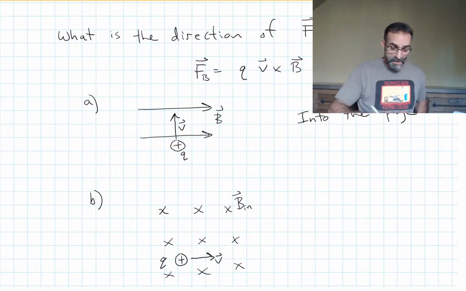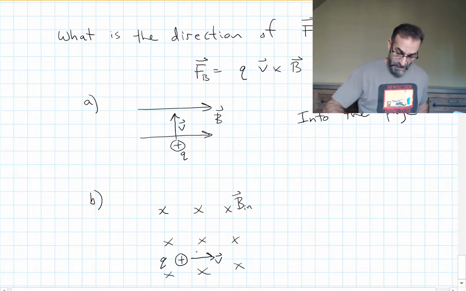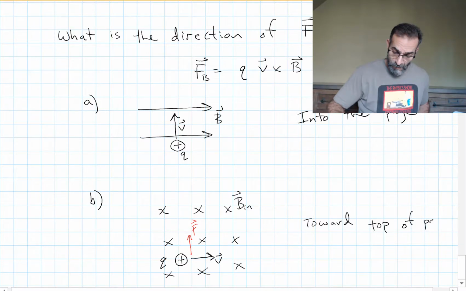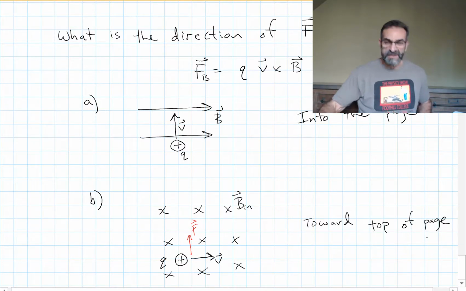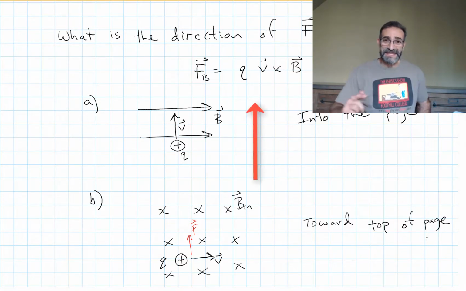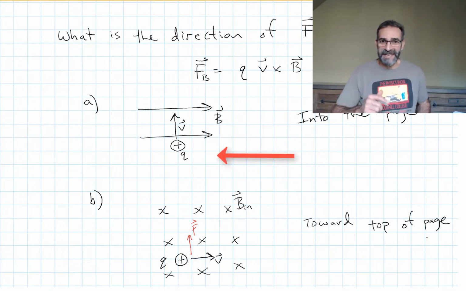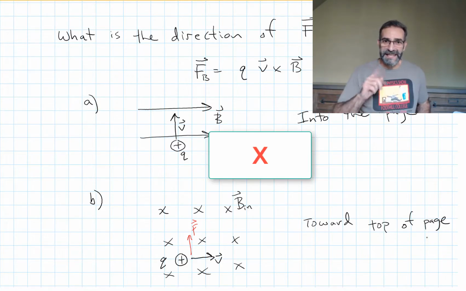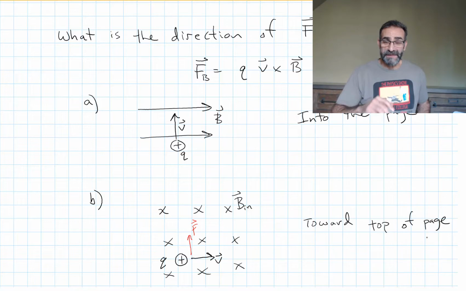So my force would be this way. I'll try not to use the words up and down. That can be very confusing here. I'll try to use the words top of the page, bottom of the page, left, right, into the page, and out of the page as my 6 directions.